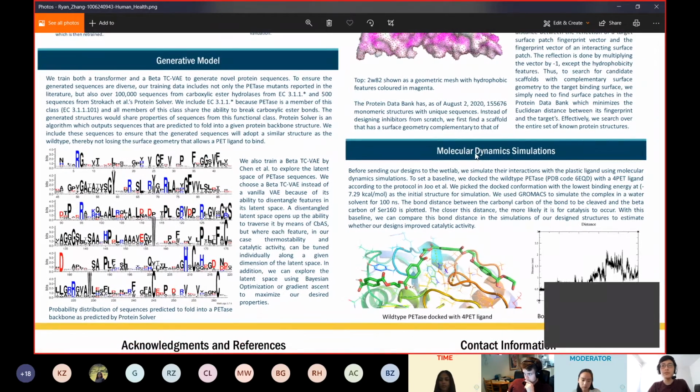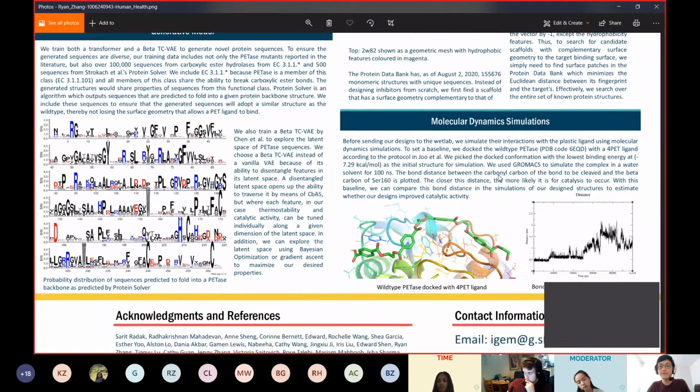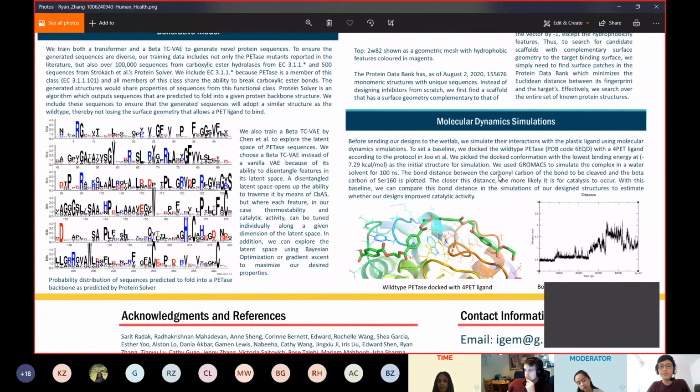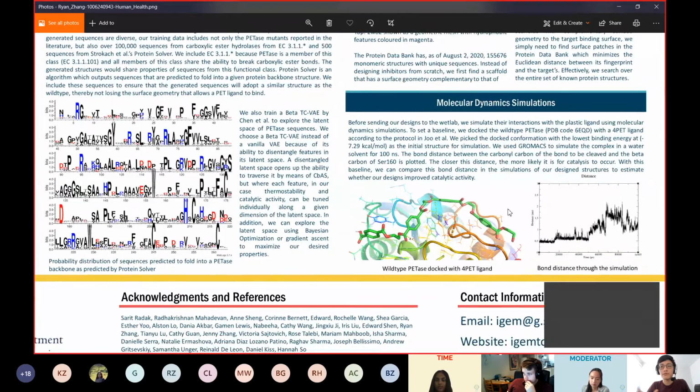So to confirm all of this, since we don't have access to the lab, we use molecular dynamics simulations. So to set a baseline for our PETase design pipeline, we dock the wild type PETase with a PET ligand, and we use GROMACS to simulate the complex in a water solvent for around 100 nanoseconds.